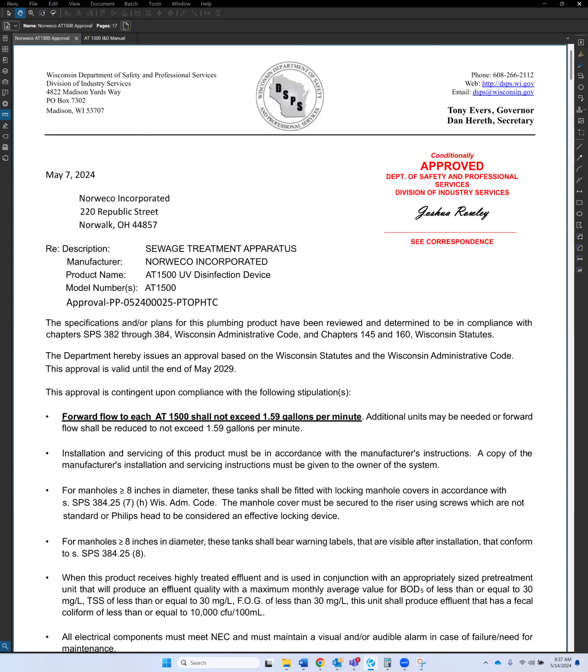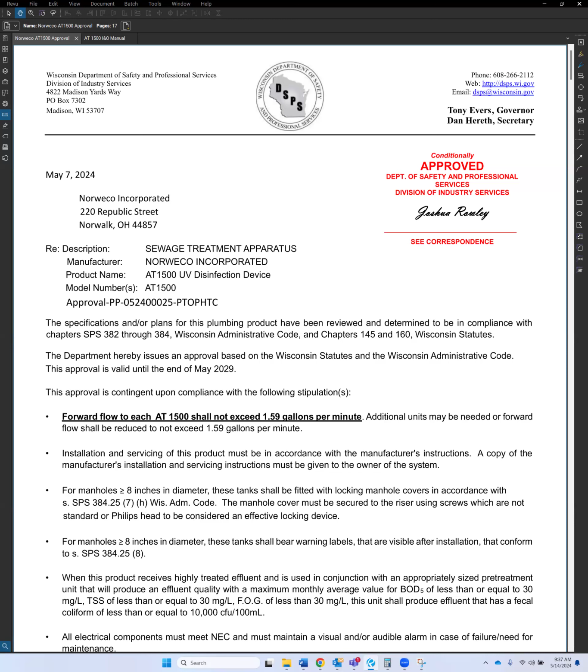But it's going to have to be verified. And Kevin, I asked Josh this question earlier because I was thinking, what kind of pump puts out 1.59 gallons per minute? But Josh, you had said that the manufacturer has some pumps that they would recommend for people that want to install, to be able to do that low gallons per minute. Correct. Yep.